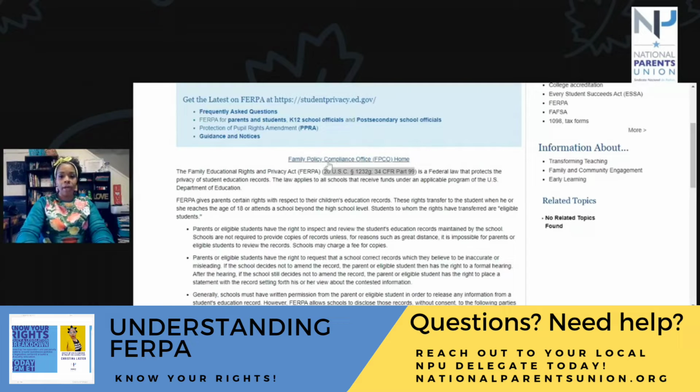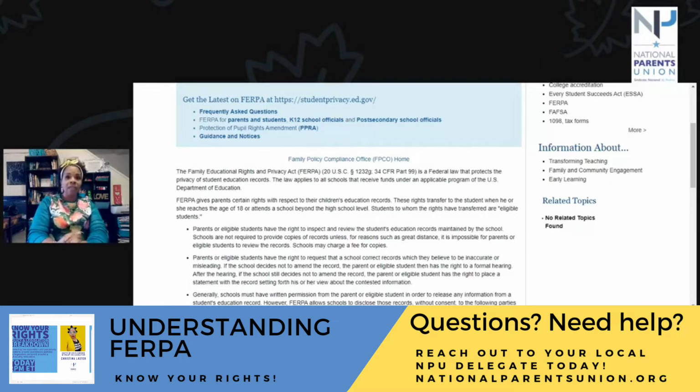Understanding your FERPA rights, right? FERPA is a federal law that protects the privacy of student education records. The law applies to schools that receive funds, like I said, under an applicable program of the U.S. Department of Education, right? So let's talk about protected information. What is protected?